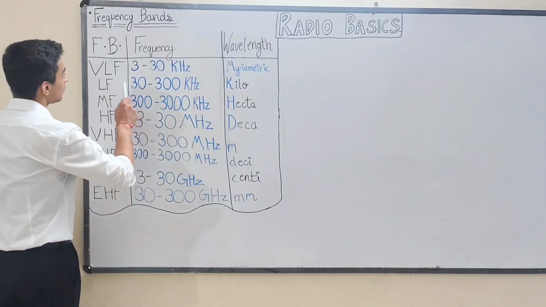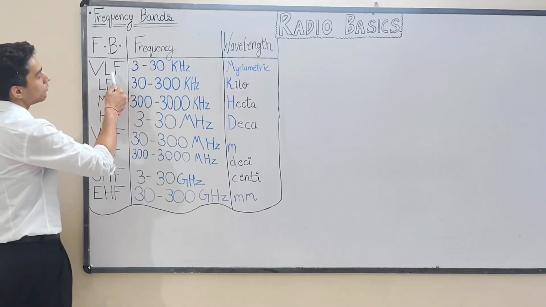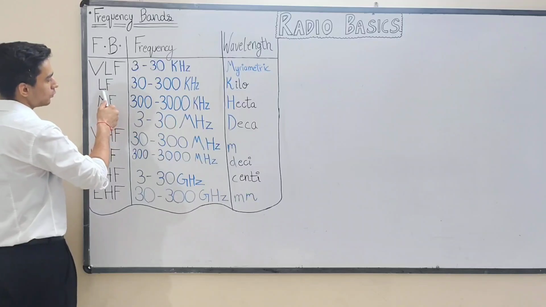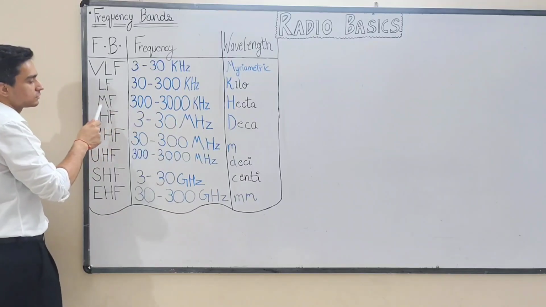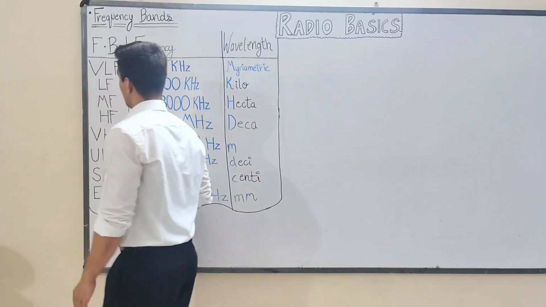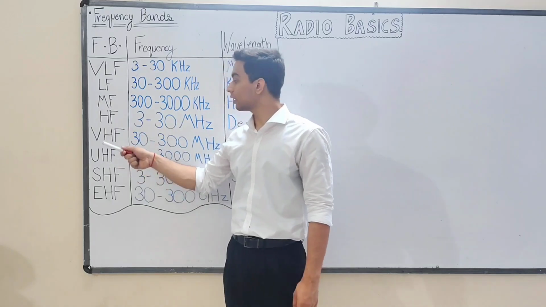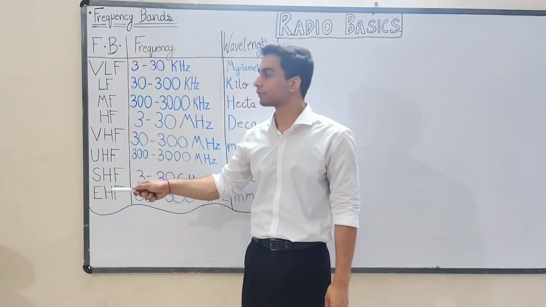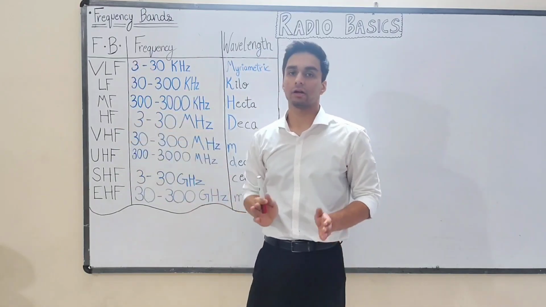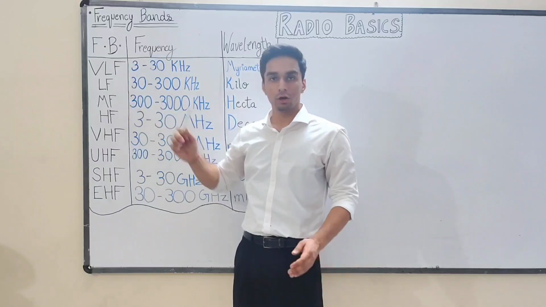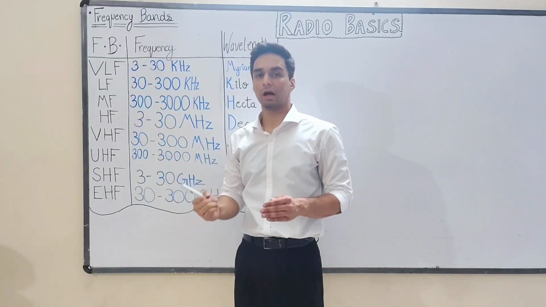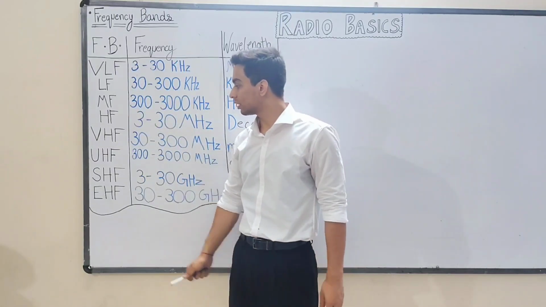So the naming of frequency bands goes like very low frequency, then low frequency, MF stands for medium frequency, HF high frequency, VHF very high frequency. Till now you can write it very easily. Very low, low, medium, high, very high frequency.